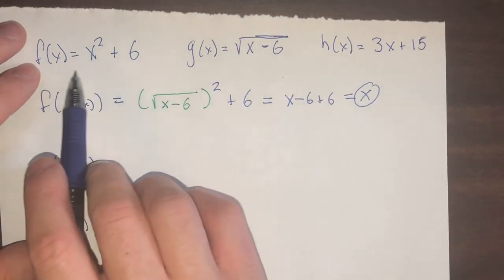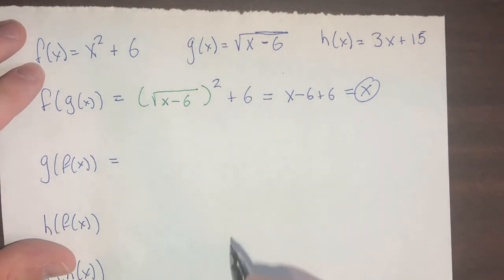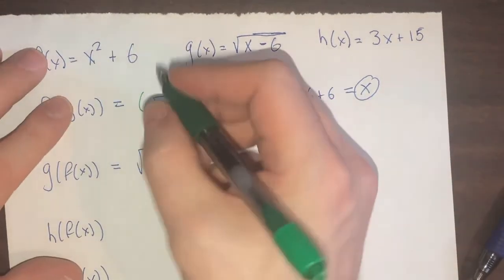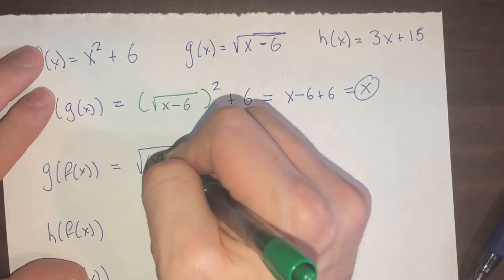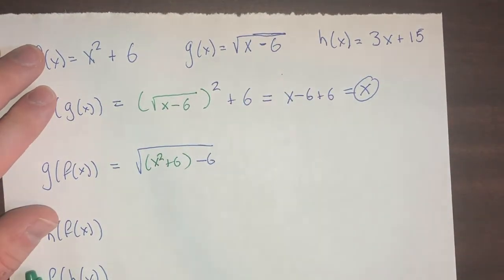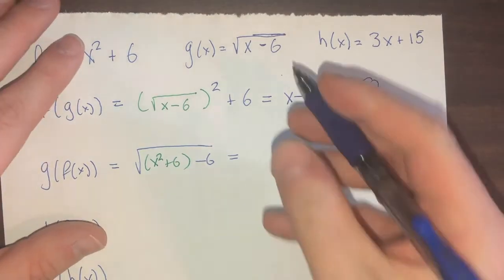What if we do it the other way around? What if we plug f into g? Let's take a look. So now I'm going to do x squared plus 6 minus 6 inside my little house here. And notice what happens.